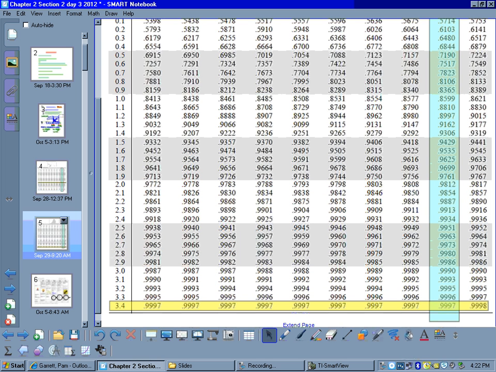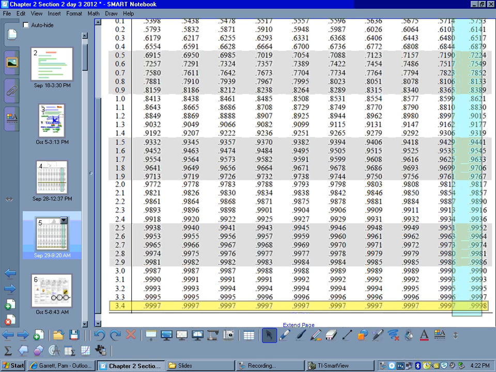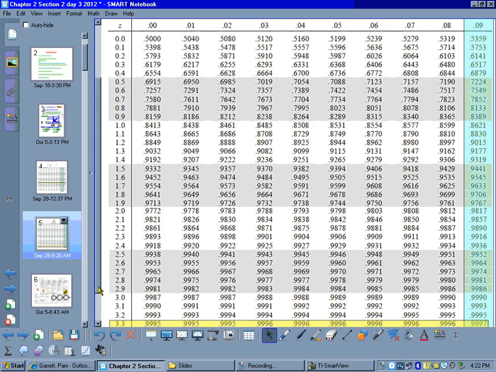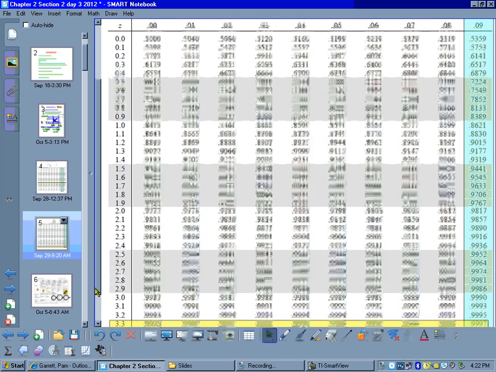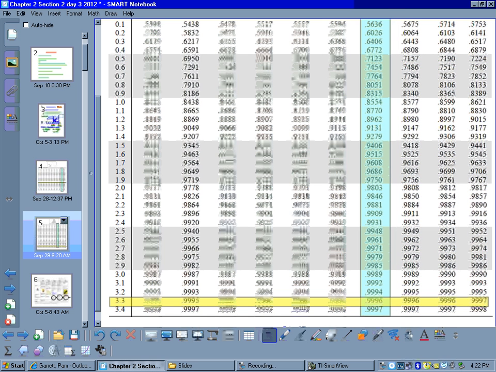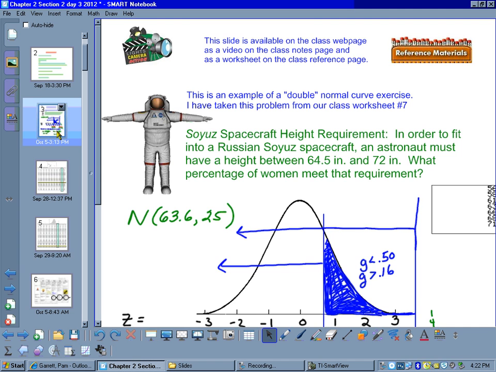Well, in fact, it looks like it's not on our table. Oh, 3.36 is on our table. Here it is. 3.36 is over to this spot, and it gives me 0.9996. So going back to my problem, I can say that this area is 0.9996.